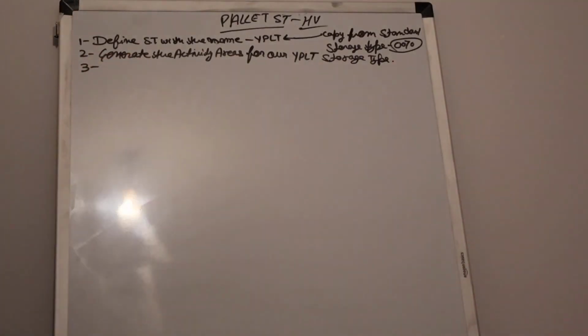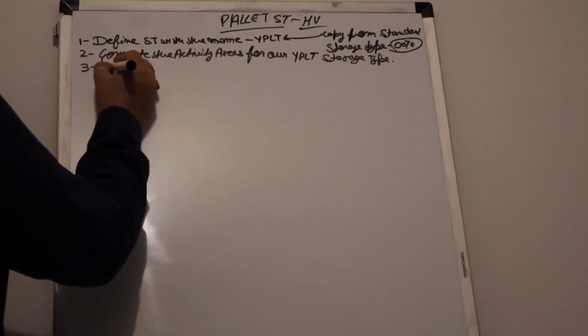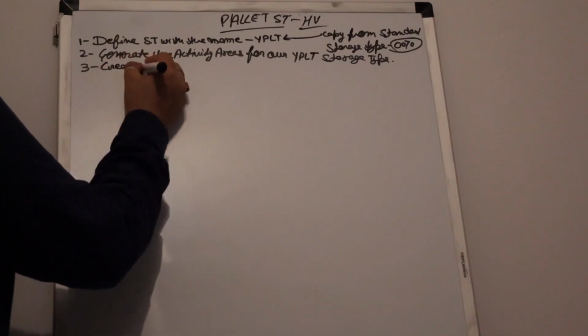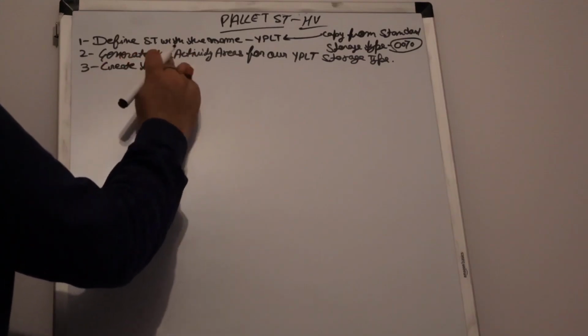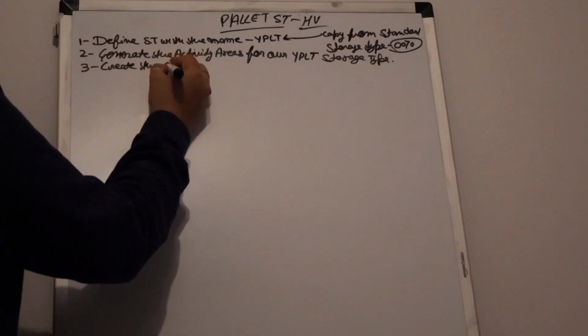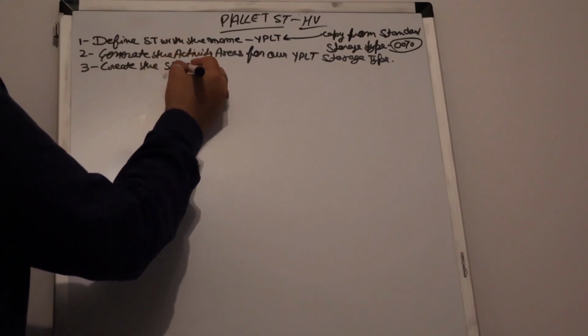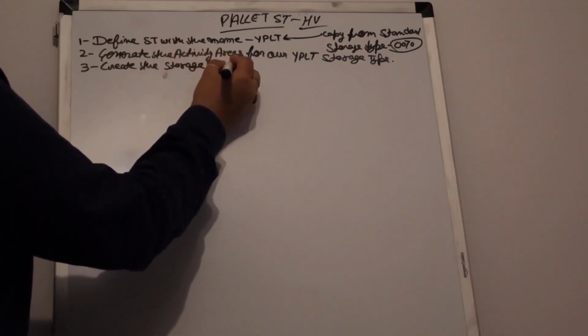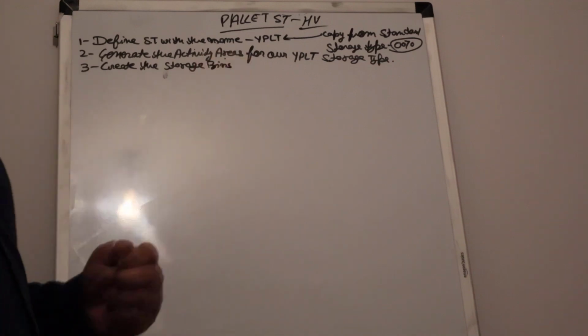Third point. In the third point, we create the storage bins for the pallet storage type and do the sorting. Why do we create the storage bins?